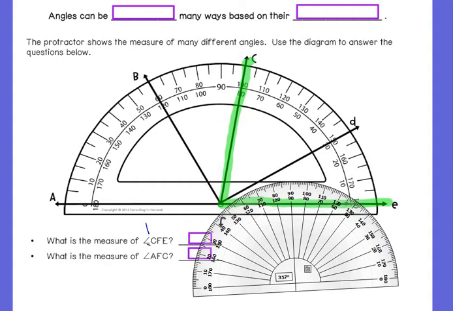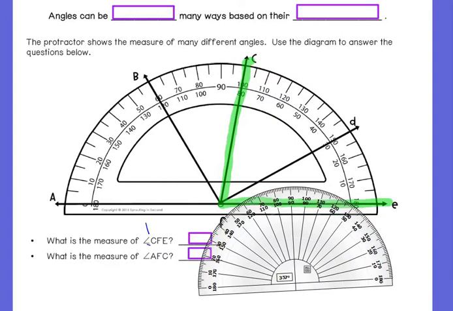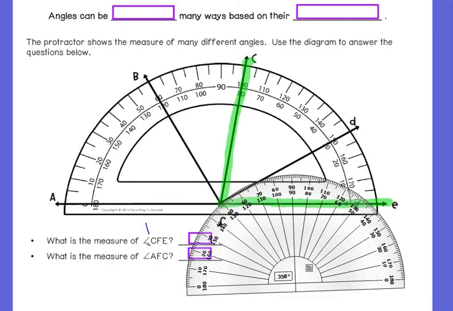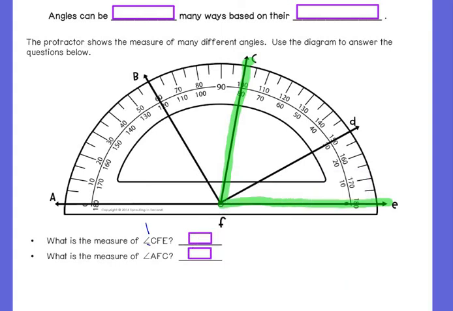It might only be like one question, and you will see here in a second, you're going to think you can use a protractor, but you're actually using equations to find angles. Very rarely are you using a protractor.